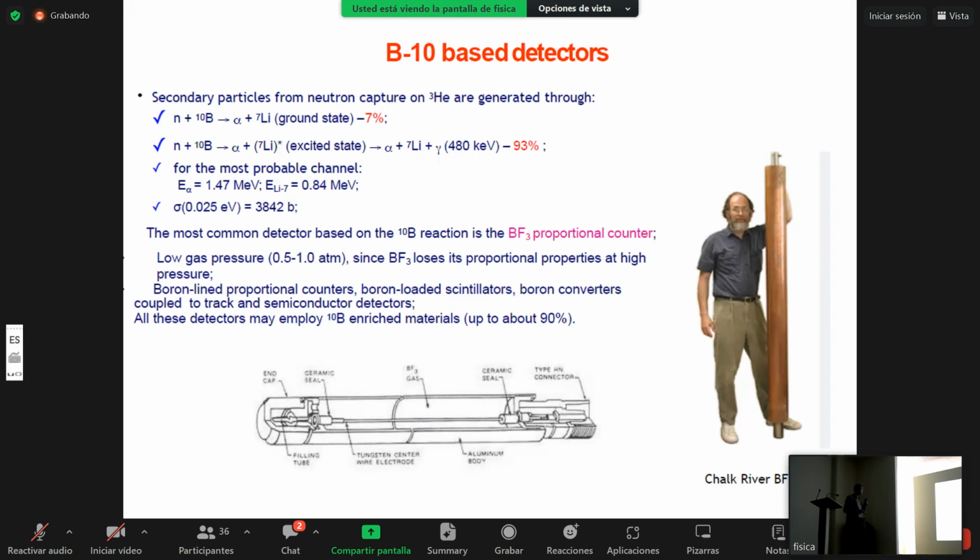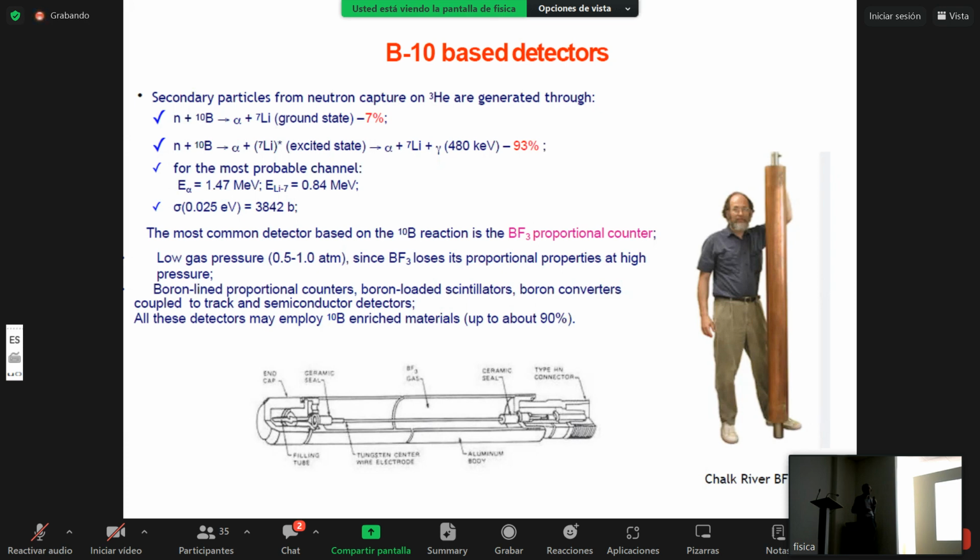For these purposes, there are several types of detectors. Sometimes a gas is used, boron trifluoride, which is used in proportional counters. I put this picture here today because we visited the Chacaltaya laboratory this morning, and I saw their neutron detectors of this type.